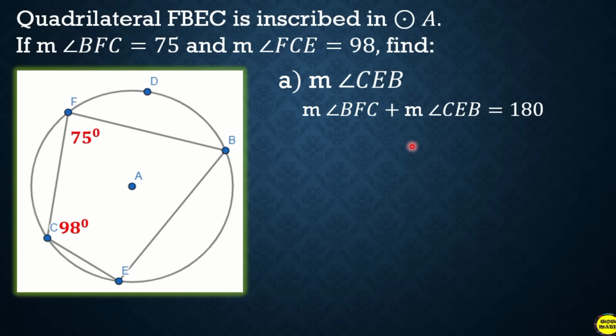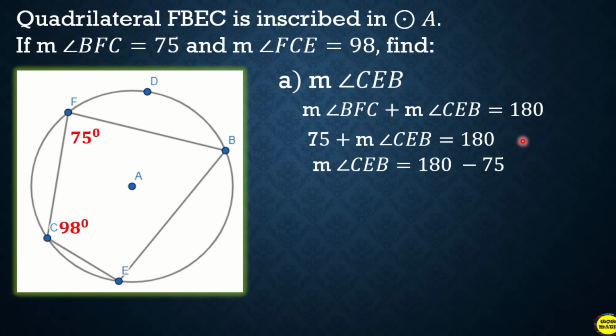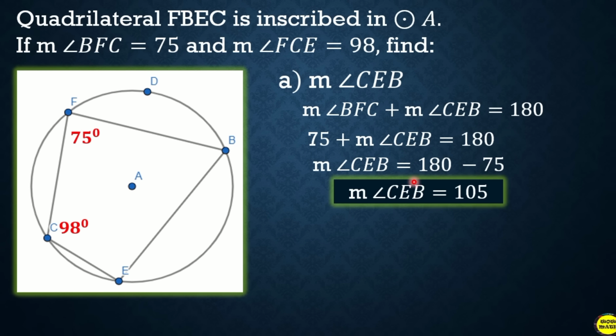Since hinahanap natin yung measure ng CEB, substitute lang natin yung given ng BFC natin, that is 75. So, para makuha ito, subtract lang natin sa 180. Therefore, the measure of angle CEB is equal to 105. Kapag inadd natin, 105 plus 75, that is 180.